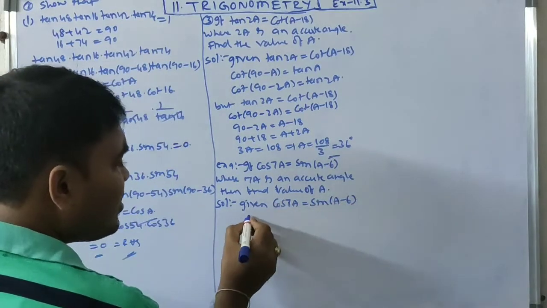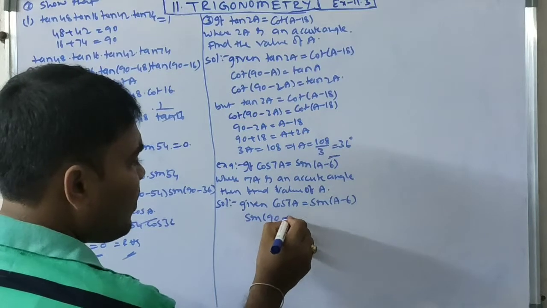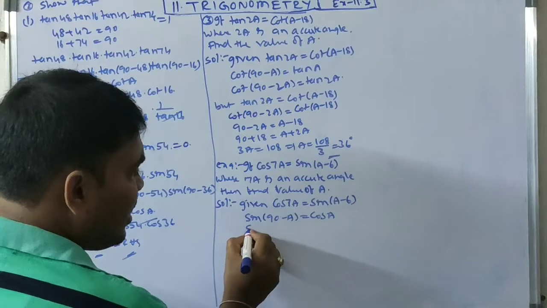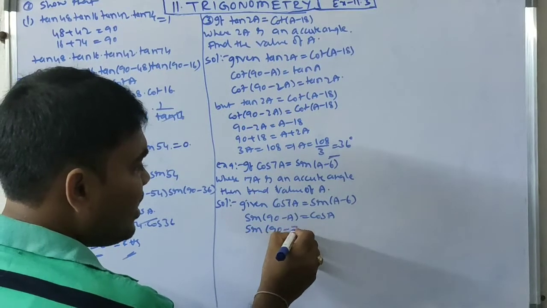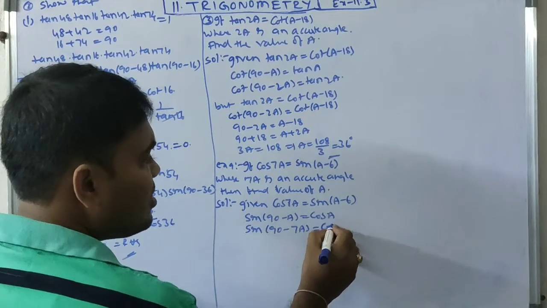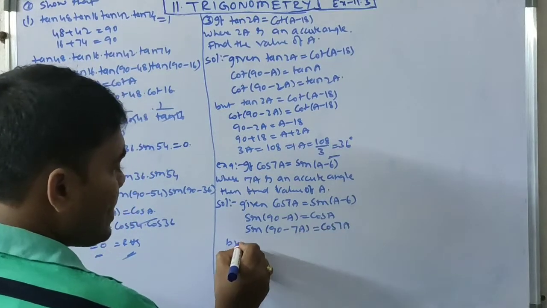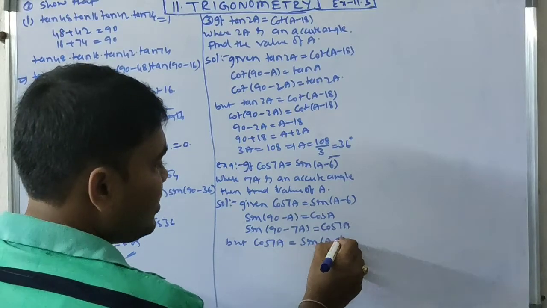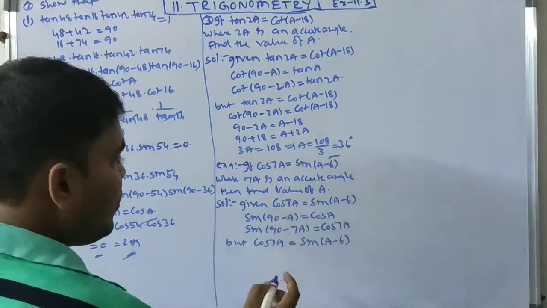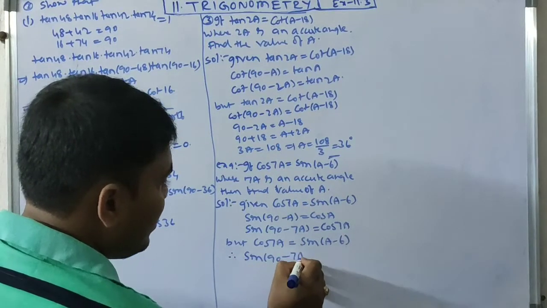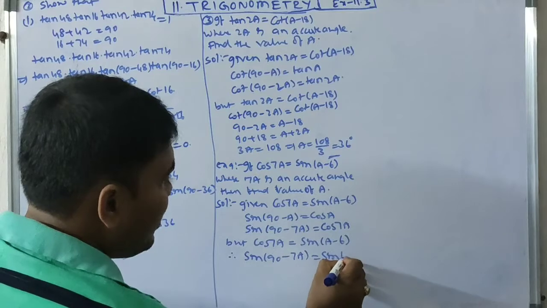Generally, the formula is sin(90 minus A) equals cos A. So sin(90 minus 7A) gives cos 7A. But cos 7A equals sin of (A minus 6). Now these two are equal, therefore sin(90 minus 7A) equals sin(A minus 6).